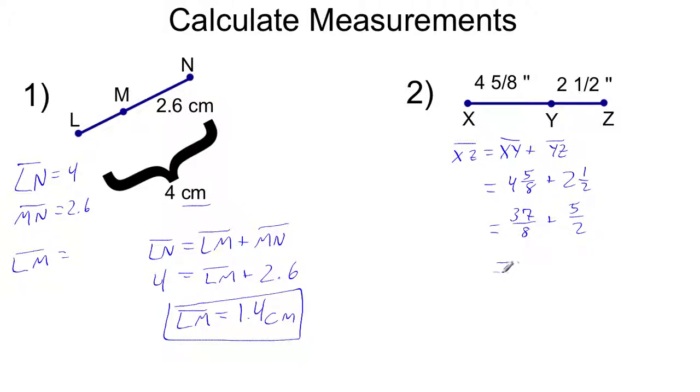Now when I add fractions, I need a common denominator. So that's going to be 8, because 8 and 2 both go into 8. So I need to multiply this 5/2 by 4. If I do that, I get 20 over 8. So that means that segment XZ is equal to 57 over 8.